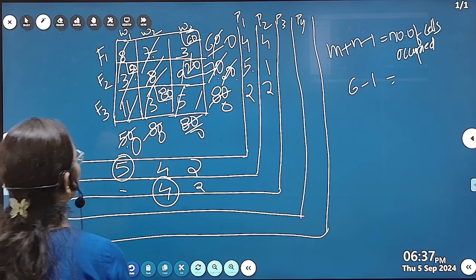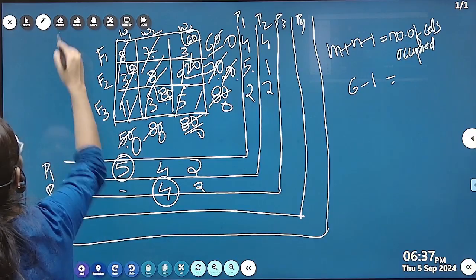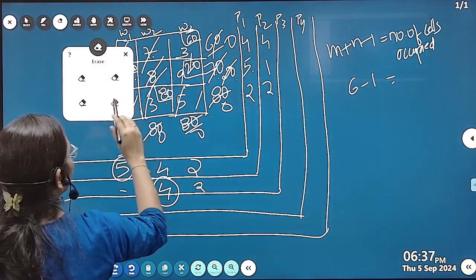So we are not getting a feasible solution, so we have done something wrong somewhere.